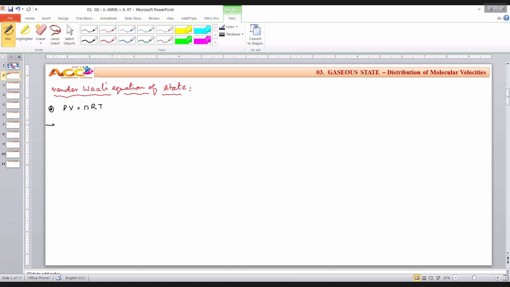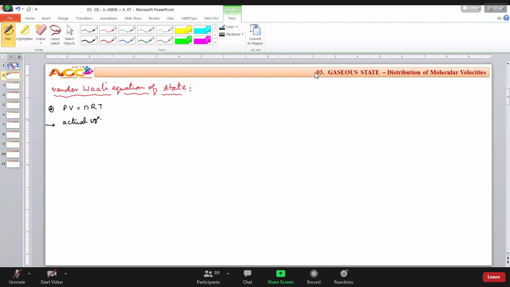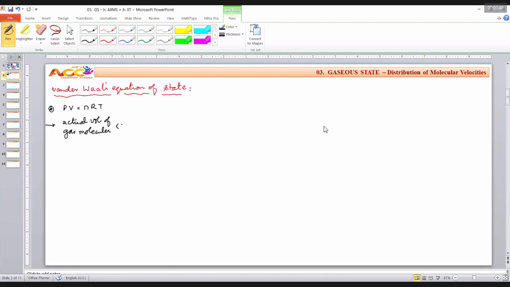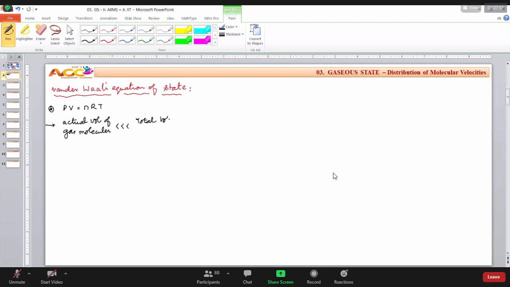Problem number one: the actual volume of gas molecules is very much less as compared to the total volume of gas.